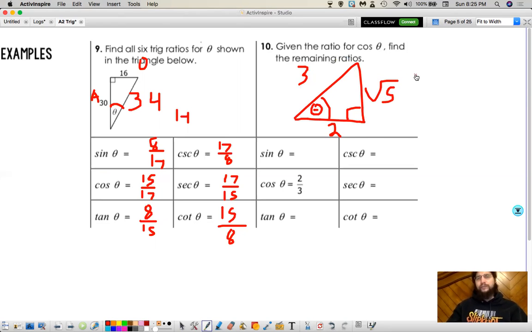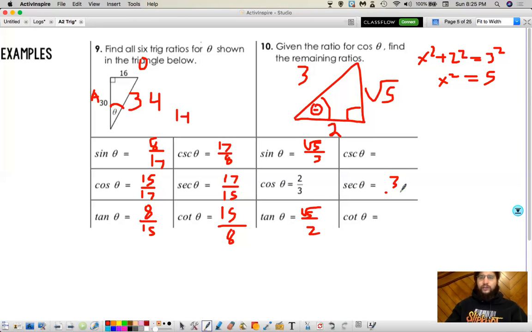Pythagorean theorem now. Call that x. X squared plus 2 squared equals 3 squared. 9 minus 4, x squared is 5. Square root of 5. So real quick, square root of 5 over 3. This is going to be square root of 5 over 2. This is going to be 3 over 2.